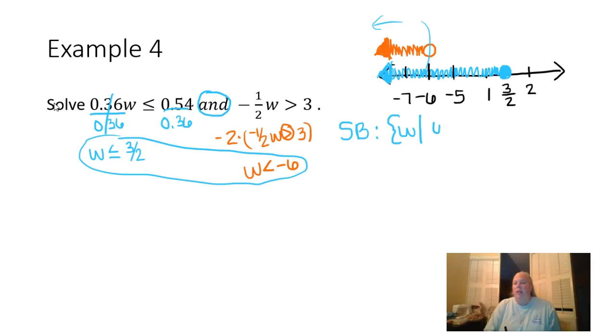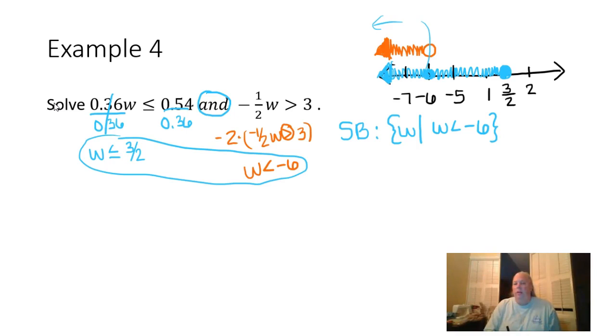So we want everything that is less than -6. Now, it's just less than, not less than or equal to, because even though -6 is included in this part of the graph, it is not included in the orange graph, so it will not be included in my solution set. Remember, because it has to be on the blue graph and on the orange graph.